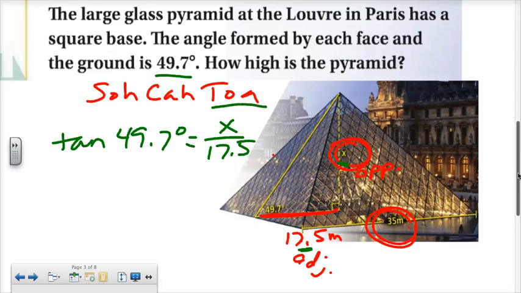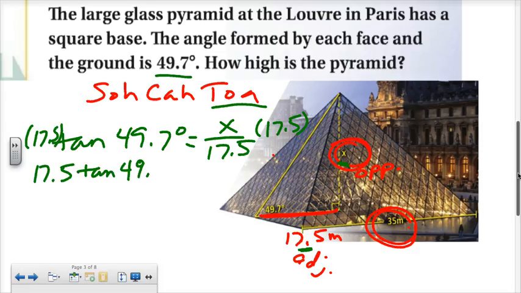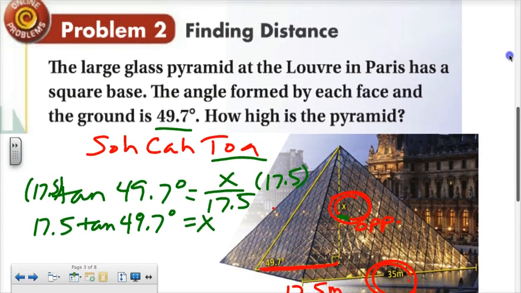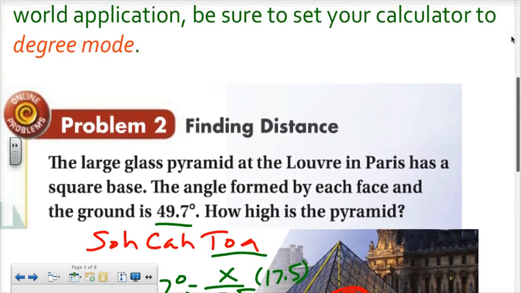It is stored in your calculator. It's waiting for us, ready to use. So we are going to multiply both sides by 17.5. So we're going to be punching in 17.5 tangent of 49.7 degrees in order to figure out what that x value is. So let me see if I can get back to the calculator without too many issues here.